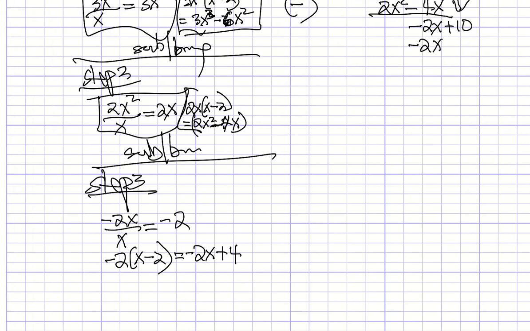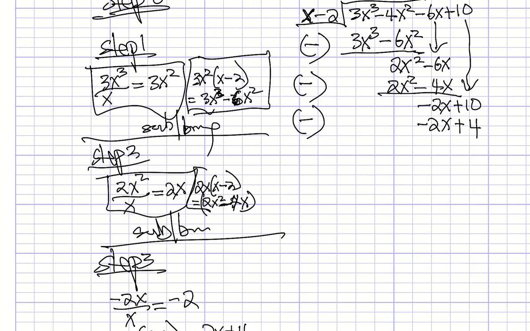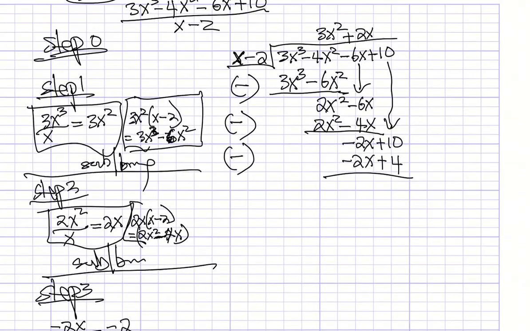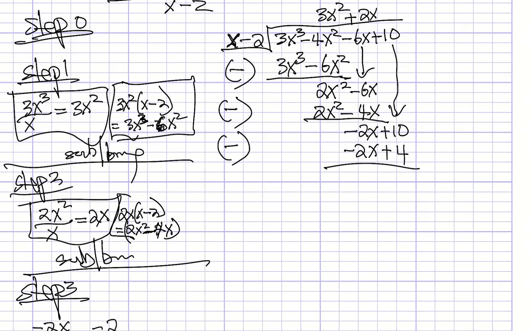And you subtract. The first one will cancel, and then negative 4 added to positive 10 gives you positive 6. There's nothing else to bring down, so we're done.